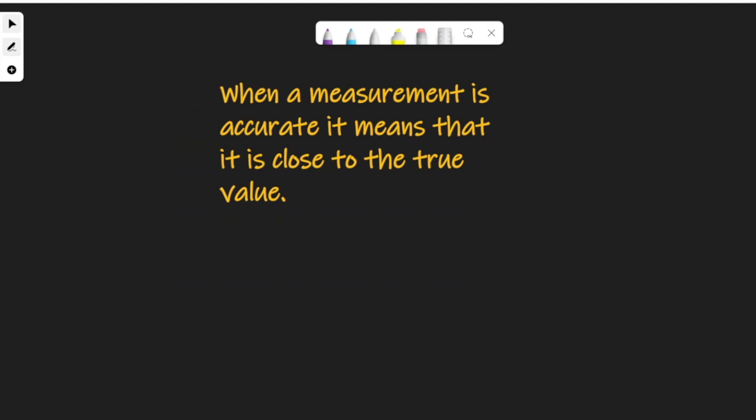When a measurement is said to be accurate, it means that it is close to the true value. So, for example, let's say that you measure out a sample of water. You use a graduated cylinder, and you read the measurement to be 12.5 milliliters. We sometimes might call this the experimental value, because it is the value that you are getting when you are doing an experiment.